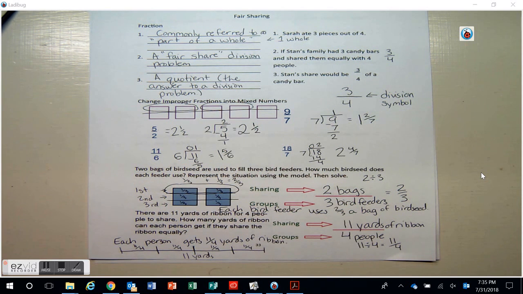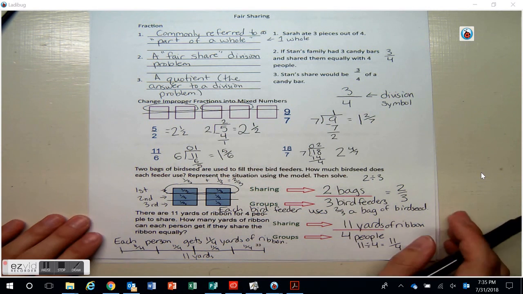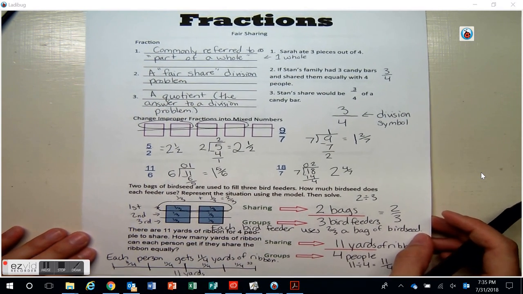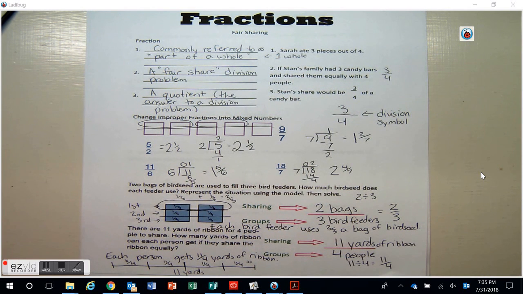Again, not only is it the problem, but it's also my quotient. It's also my answer. I'm not going to use this part of a whole idea because I have more than 1 whole. I have 2 bags and I'm splitting it up into 3. Here's the proof of how not only that's the problem, but it's also my answer.